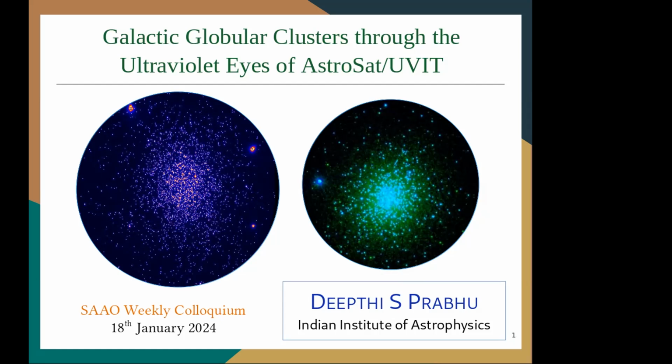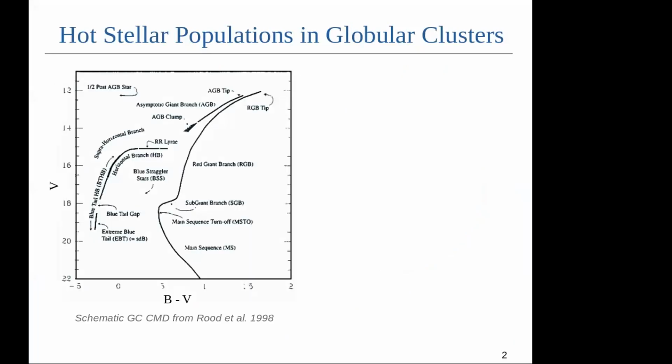Let me go through what globular clusters are and what they are telling us when looked at through ultraviolet wavelengths. Let me start with the hot stellar populations in globular clusters. This is a typical color magnitude diagram of a globular cluster in the optical, where you can see stars along the main sequence, burning hydrogen in their core.